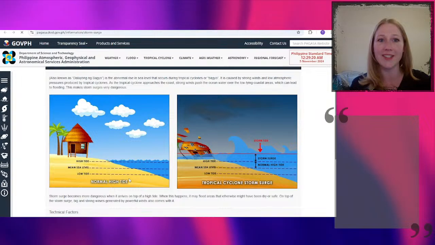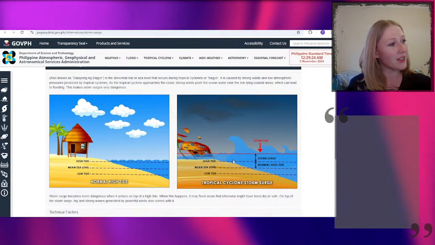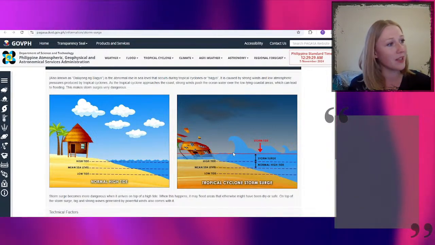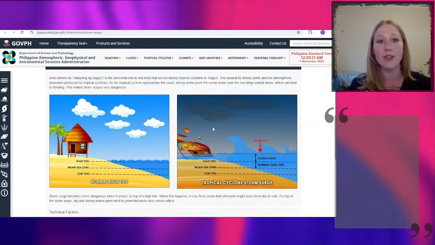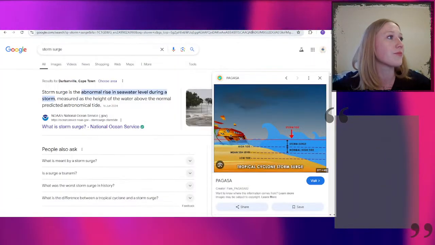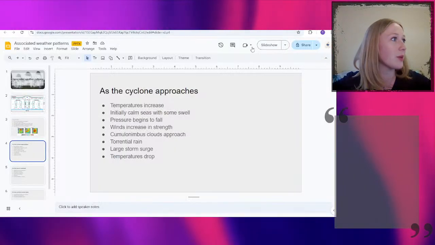There we go. This is a nice diagram. Okay, so that's supposed to be the normal conditions. And then here is the storm surge. So you see these waves coming and flooding in, and it just destroys everything on that coastline. Where was I? There we go.